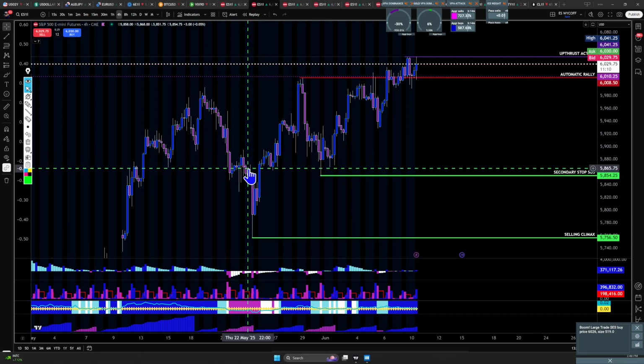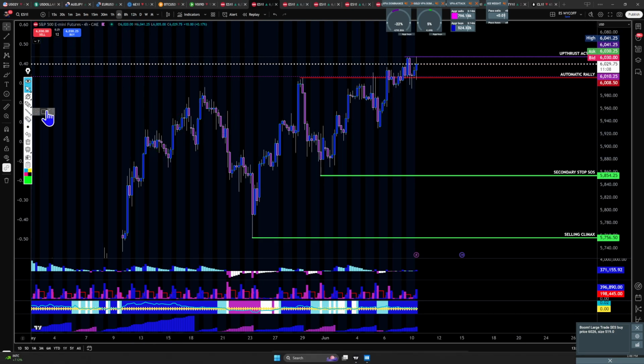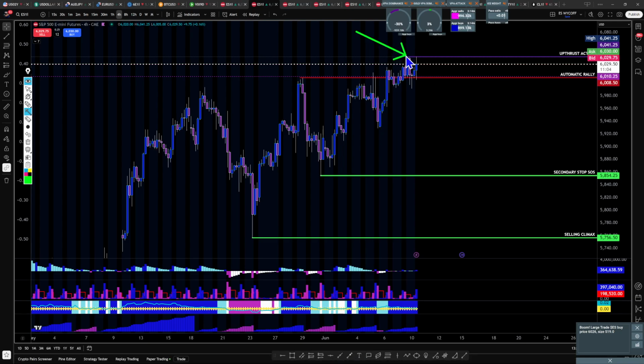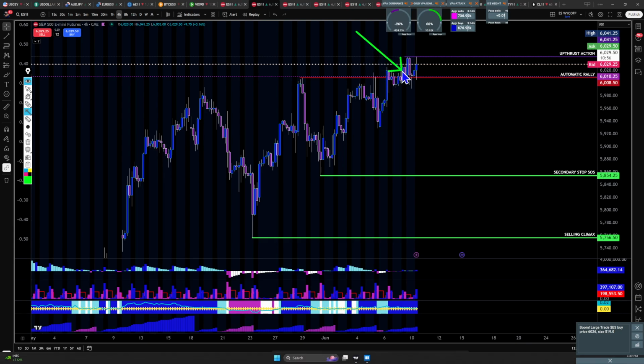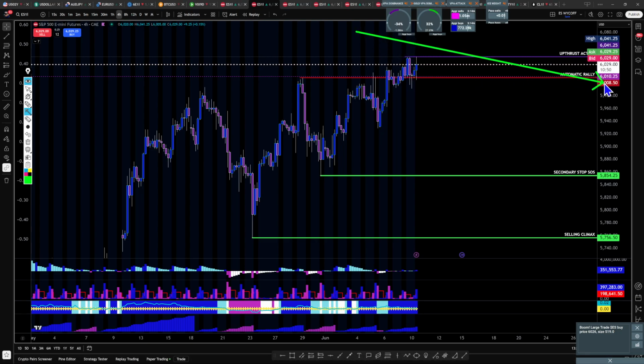And what we're supposed to get in this reaccumulation at this point, after the upthrust is created, the upthrust action is created here at 6041.25, right? So after this is created, which the upthrust action is basically a push above the automatic rally, which is at 6008.50, right?